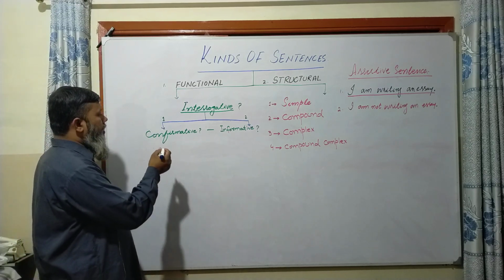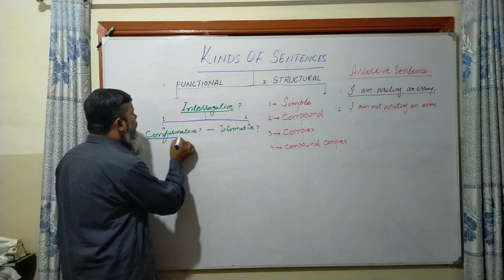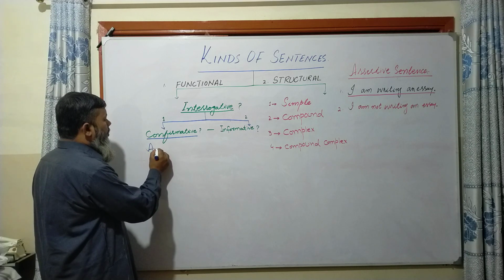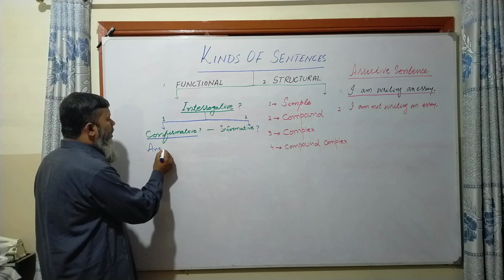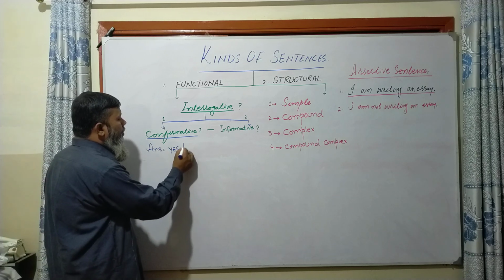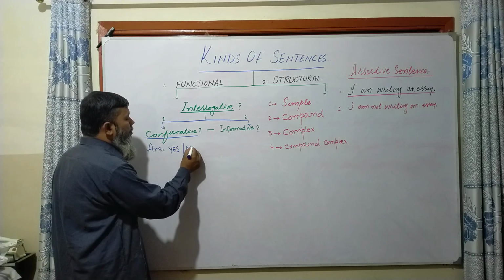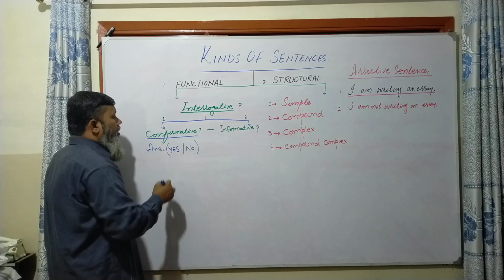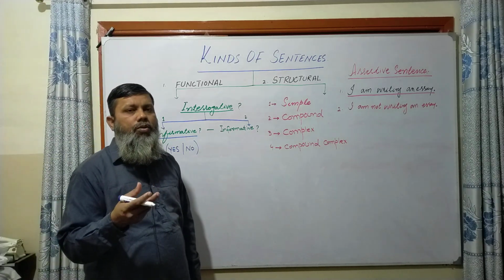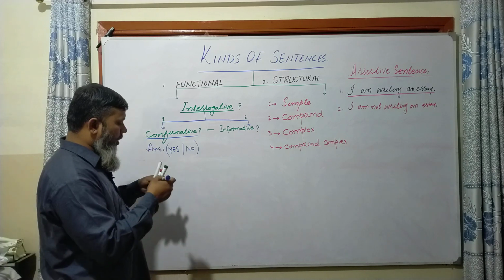Look, try to understand. Confirmative questions are those whose answers are given in the form of yes or no. The question whose answer is yes or no is called confirmative.